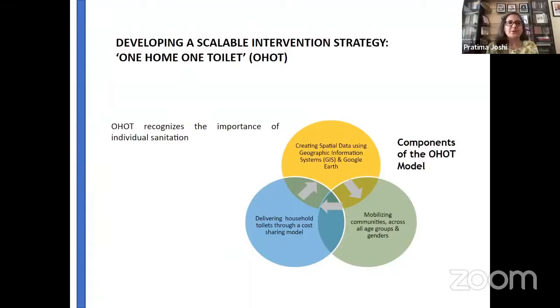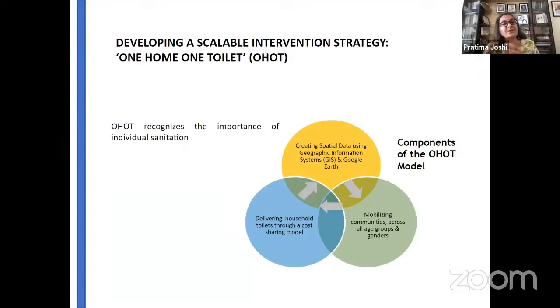So just like we do with our other project, we evolved a one home, one toilet model, which had 3 pillars, which are normally the pillars that address every problem that we tackle on the ground. So the first pillar is, of course, creating geospatial data, which gives a lot of transparency and accountability.